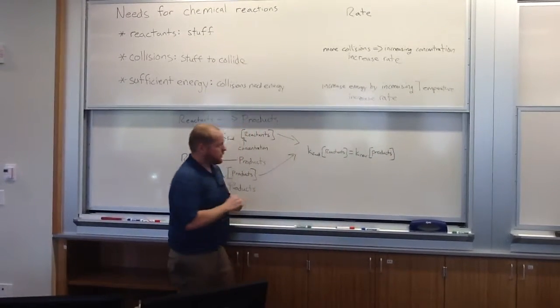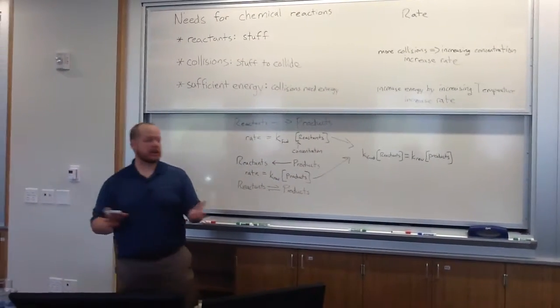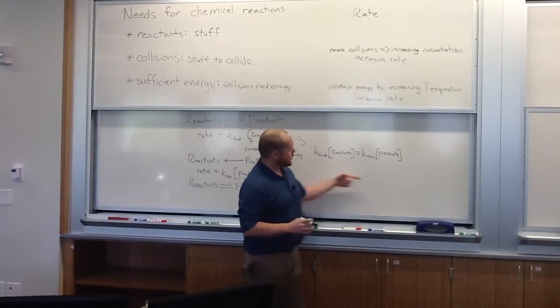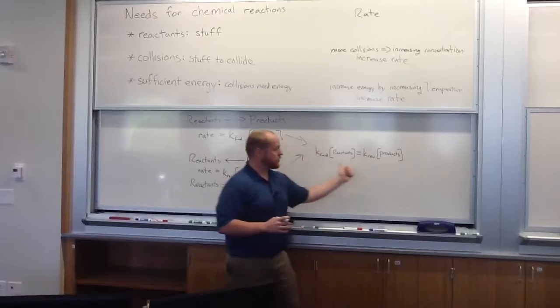Okay? And we can look at this as being a reaction in equilibrium, where the rate of the forward reaction is the same as the rate of the reverse reaction.